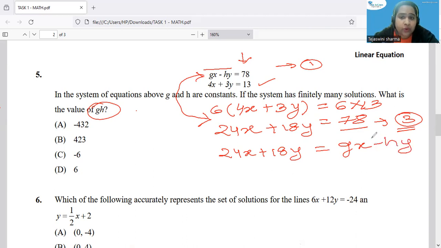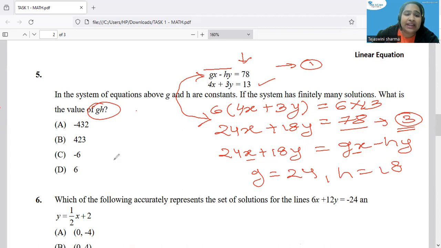And you may know that when you have expressions of the same variable on both sides, the coefficients become equivalent. So the value of g is 24, and h is 18.